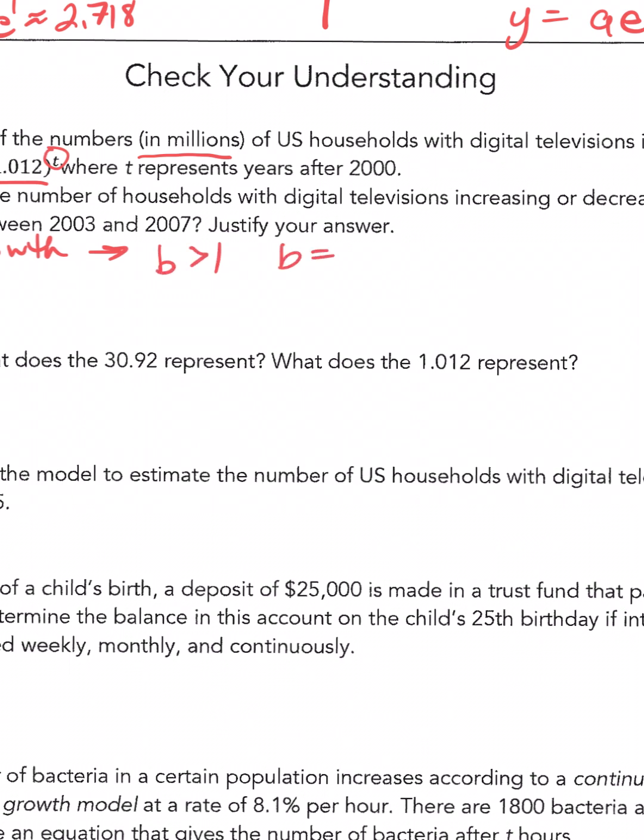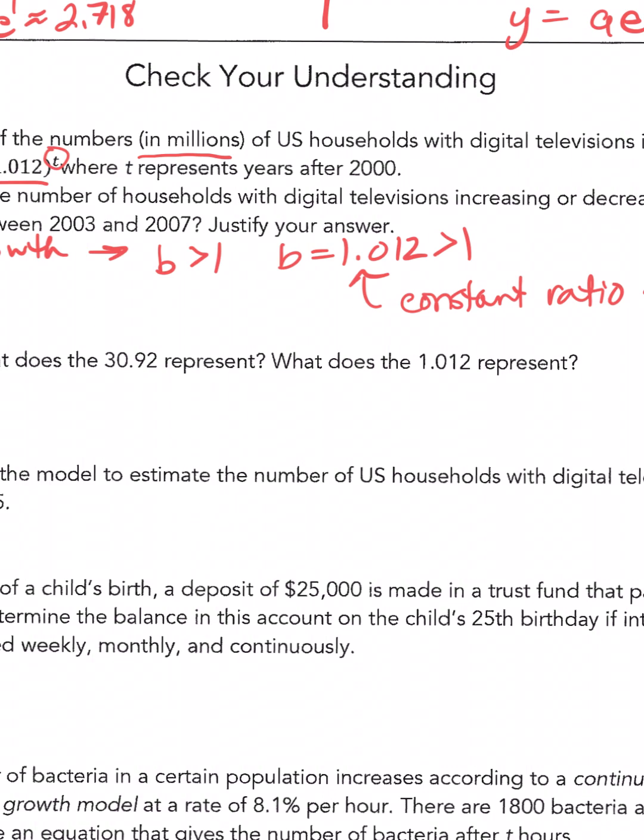B is 1.012, and that is indeed greater than 1. Remember, we call this the constant ratio. So yes, it is growing.